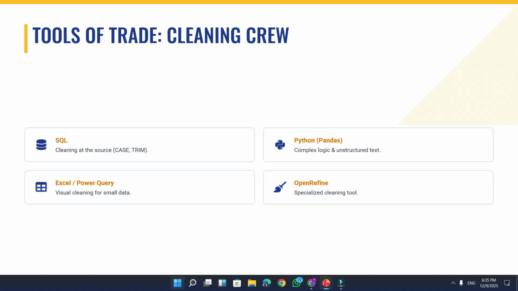The tools that can be used here, once again, SQL comes again. As I said, SQL is the industry standard tool that is almost always used in this stage. It can be used in trimming or casing the string values. You can also use Excel and Power Query, because here Power Query is a powerful tool, because you know Excel has a limit of data.